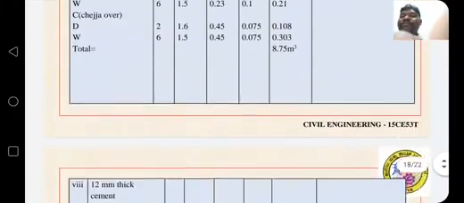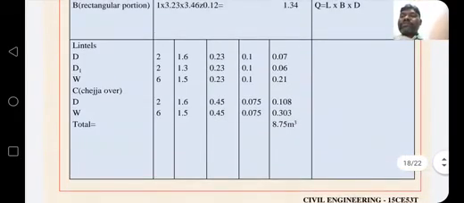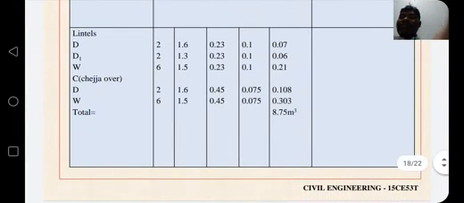Lintel. D, 2 into 1.6 into 0.23 into 0.1. D1, 2 into 1.3 into 0.23 into 0.1. W is equal to 6 numbers, 1.5 into 0.23 into 0.1. And chajja over D is equal to 2 into 1.6 into 0.45 into 0.075.